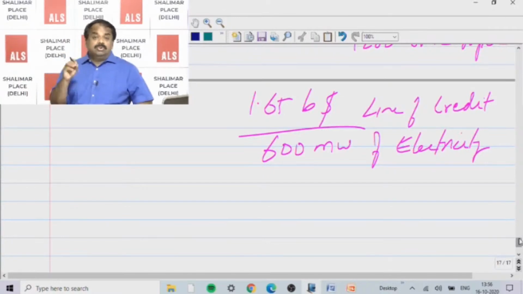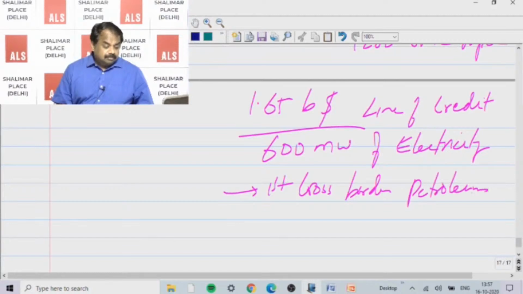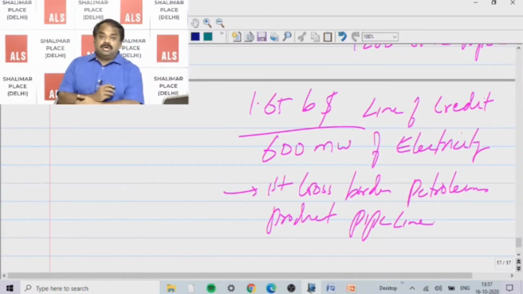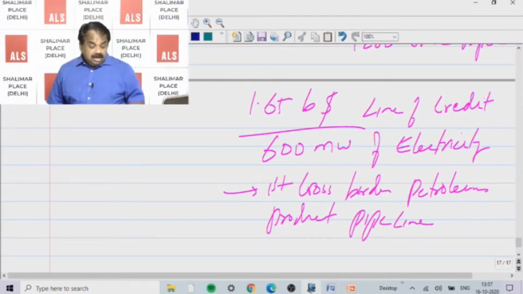And recently we inaugurated the first cross-border petroleum product pipeline by Indian Oil Corporation.